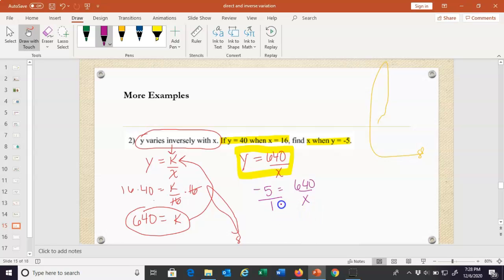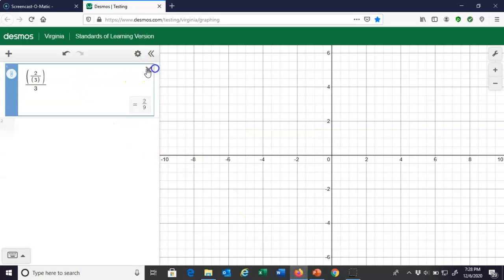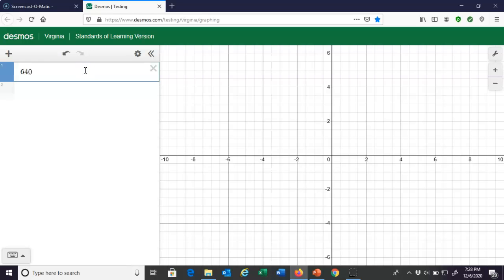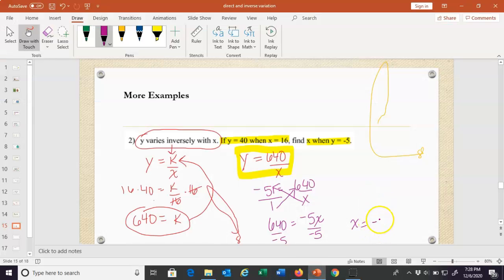So 1 times 640 is 640, and x times -5 is -5x. Now we just divide by -5. So x equals 640 divided by -5, which is -128. X is -128, and you have solved the question that they wanted.